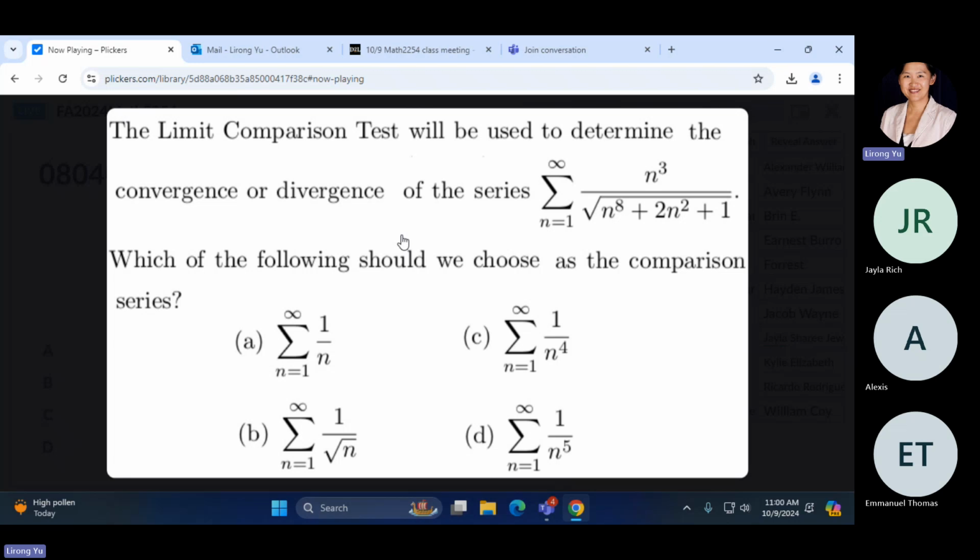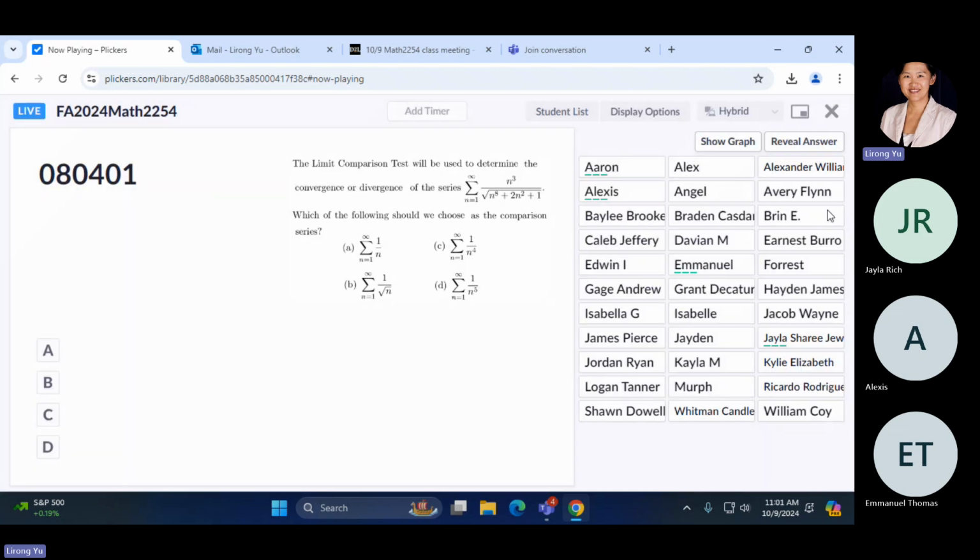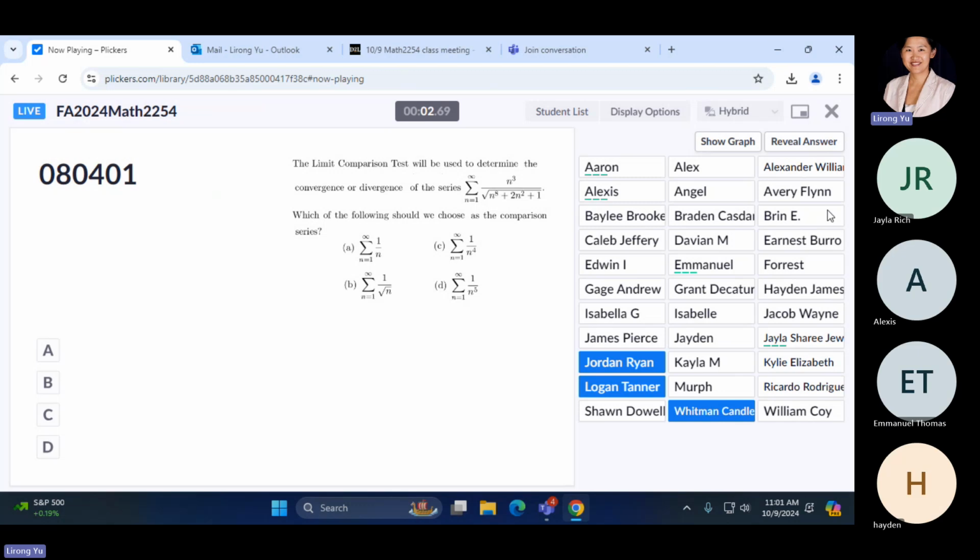So we have n cubed in the numerator, and the denominator is the square root of n to the 8th power. What power is the square root of n to the 8th? The numerator is power 3, the denominator is power 4. You simplify that to get the power. So we determine which one we should compare it to. It's basically analysis of the power, and that's something we often do when we study the behavior of functions.